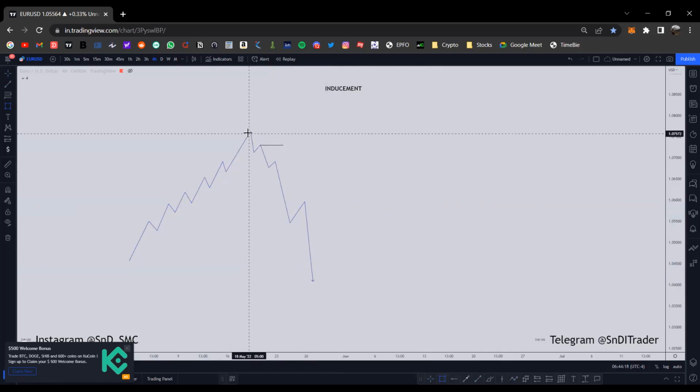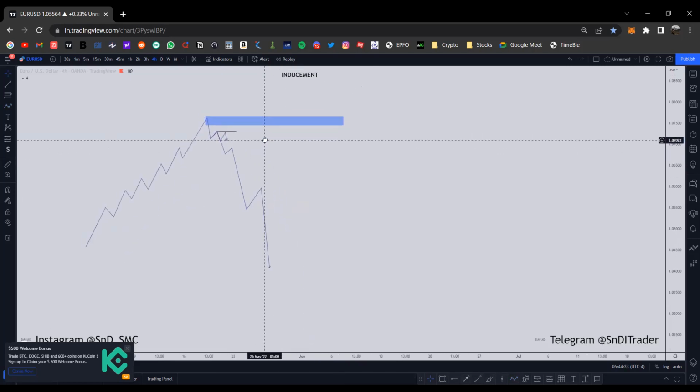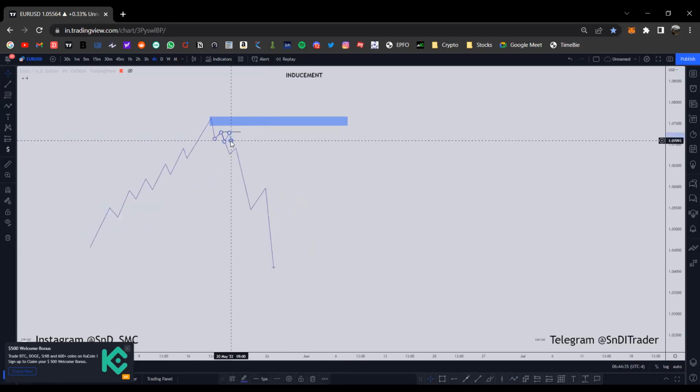Just below the last high, there will be some sort of base formed, or maybe some equal highs. That will be known as the inducement.